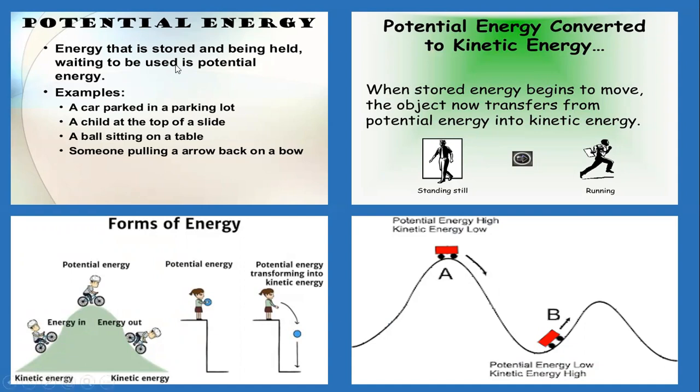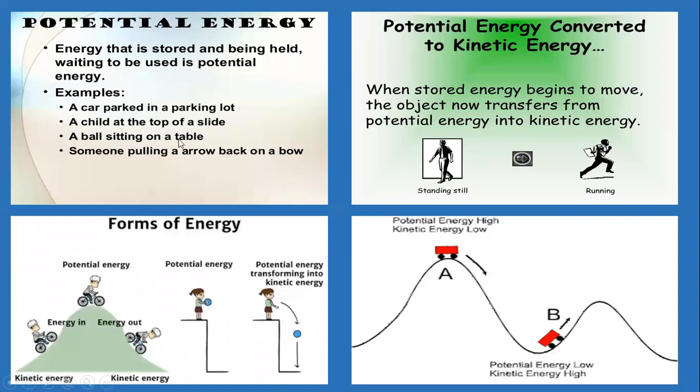Energy that is stored and being held. Energy that is stored, waiting to be used, is potential energy. Understand? For example, a car parked in a parking lot has potential energy. A child at the top of a slide, suppose like here, has potential energy which he will use when he takes a slide.